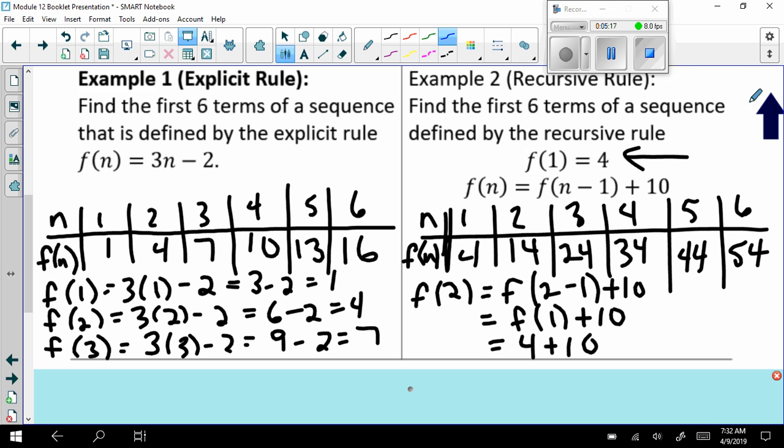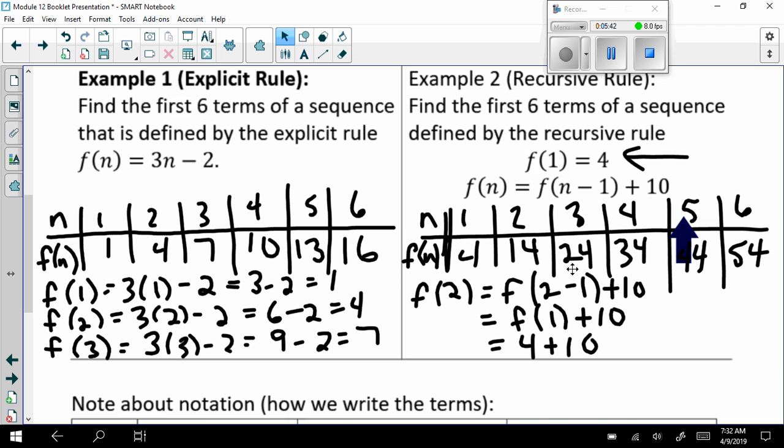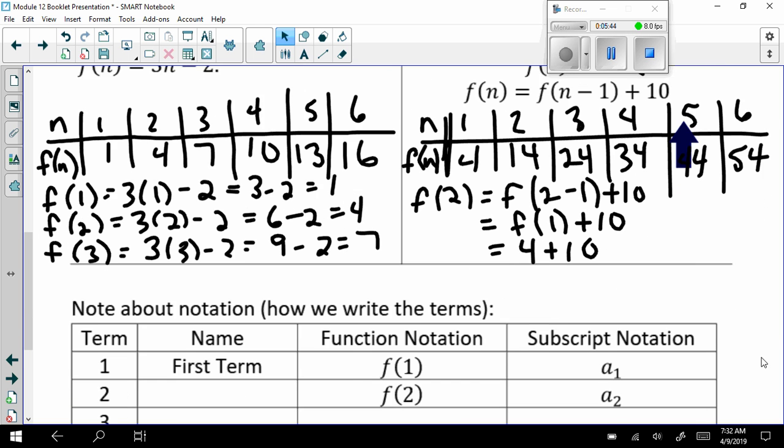So the recursive rule is actually a little bit easier to use because it just tells you what to do to the term before. So again, our notation here, f of n is the term you're looking for, and f of n minus 1 means the term that came before it. So to find f of 6, I need to know f of 5. We have a little bit more notation to talk about, and then we'll do some practice with these.